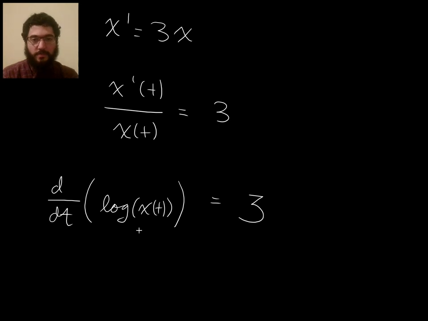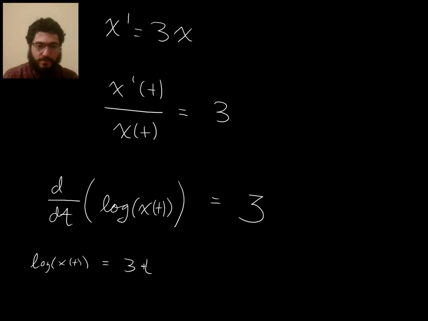Well, now this is a much easier kind of question to address. Now the question is, what kinds of things have as their derivative 3? So here's one example of something that has as the derivative 3. It could be that log x of t was 3t. 3t has its derivative being 3.